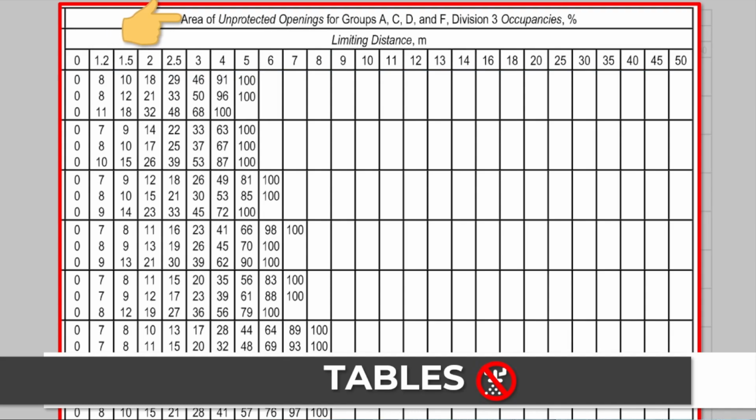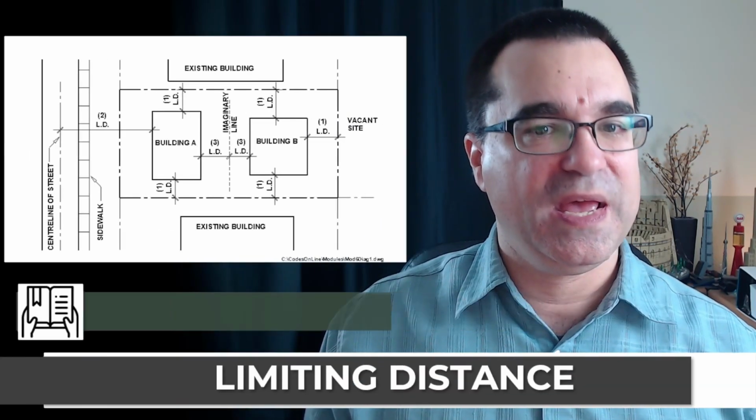Okay? The content of the table, once you go beneath the limiting distances, all of those other numbers are percentage areas of unprotected openings for buildings of A, C, D, and F3 major occupancies. That's what these numbers are. They're percentage areas. Not areas in meters squared, percentage areas.